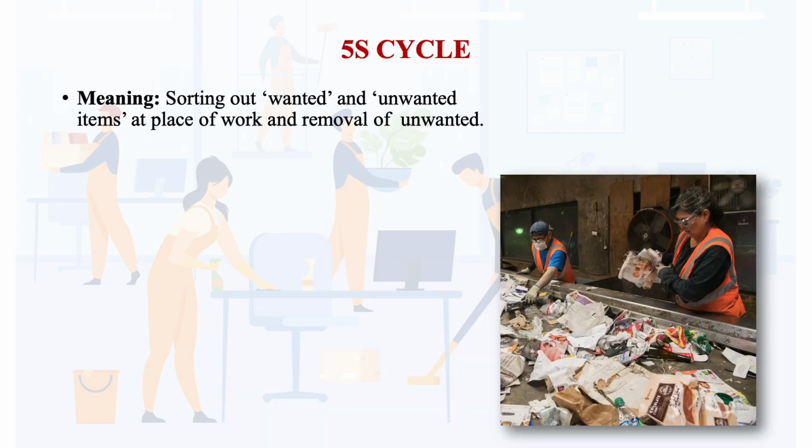Now step by step we'll see the 5 steps and what are the detailed meaning and the method of achieving them. The meaning of step 1, that is 5S, we call sort, Seiri: sorting out wanted and unwanted items at the place of work and removal of unwanted items.